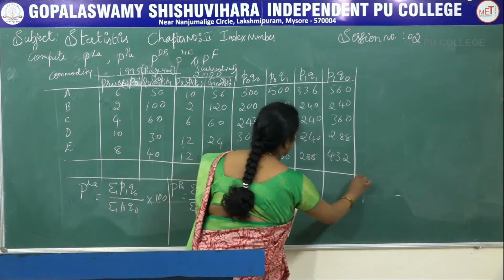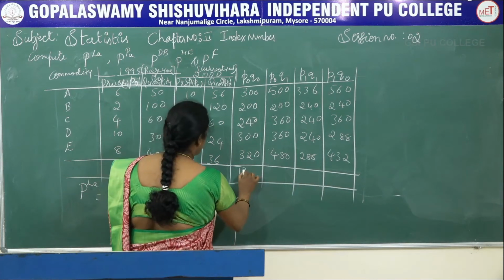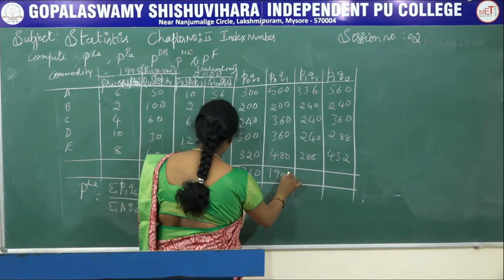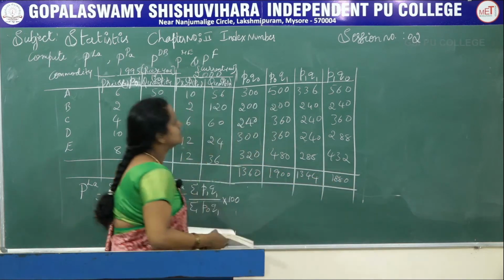Now we have to take the summation of all these. This is 1360, 1900, 1344, 1880.